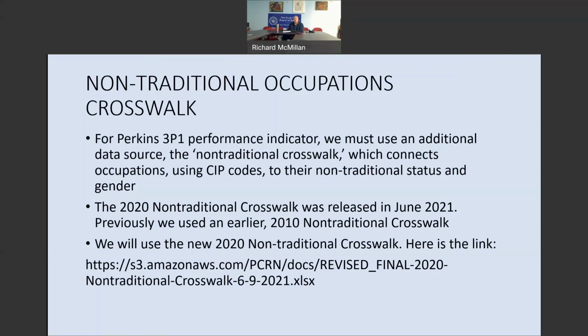It's https://s3.aws/REVISED_FINAL-2020-NONTRADITIONAL-CROSSWALK-6-9-2021.XLSX.